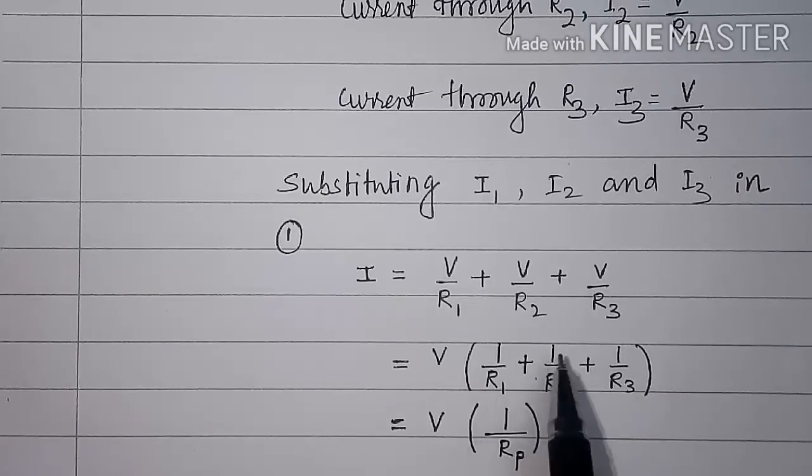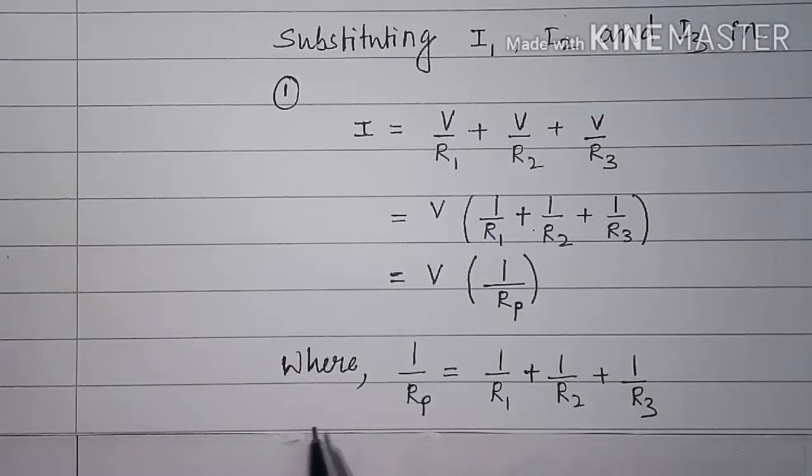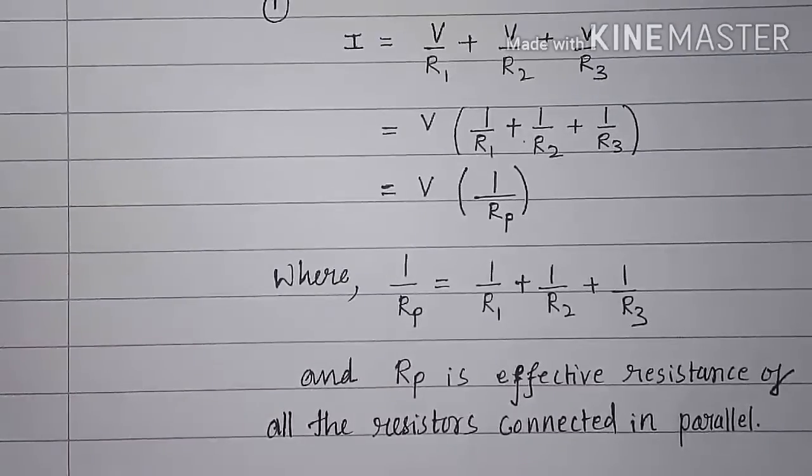Taking 1 by R1 plus 1 by R2 plus 1 by R3 as 1 by Rp, the expression for current I becomes V into 1 by Rp. So we'll write here where 1 by Rp is equal to 1 by R1 plus 1 by R2 plus 1 by R3. And Rp is effective resistance of all the resistors connected in parallel.